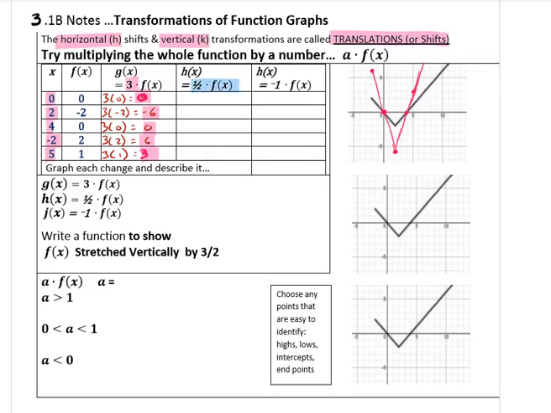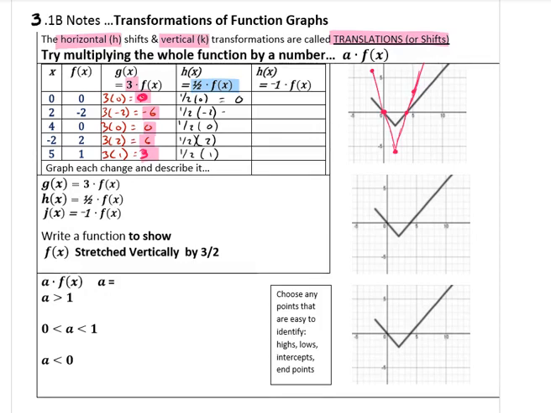H of x equals 1/2 of the values I had. So I would get 1/2 times 0, 1/2 times negative 2, 1/2 times 0, 1/2 times 2, and 1/2 times 1.